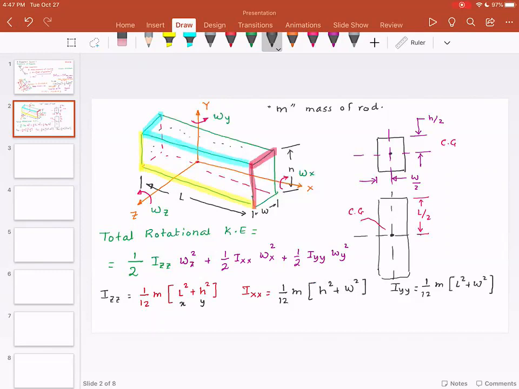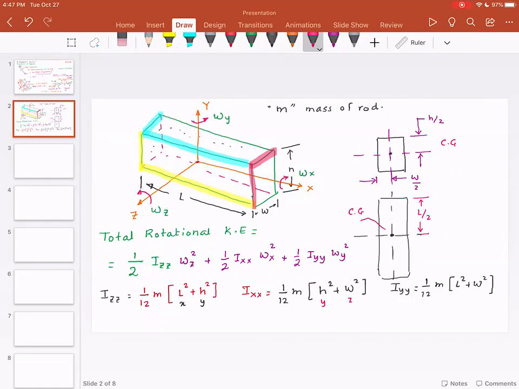That is how you find the moments of inertia about the CG of a rectangular rod. And a rectangular rod is the simplest approximation for a robot arm.